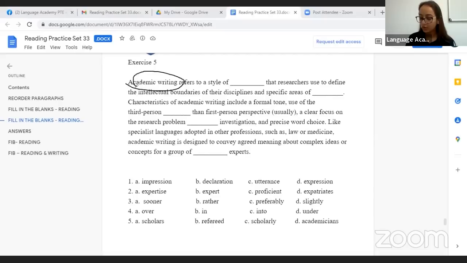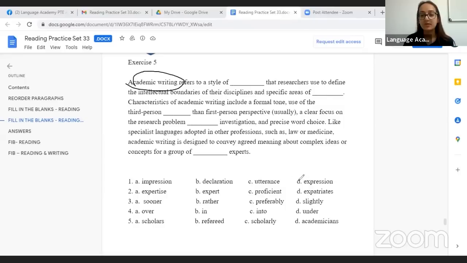When we write something, writing or speaking are ways of expressing what we are thinking. So utterance is not the answer. Utter means to speak. So academic writing refers to a style of conveying the ideas. Conveying would have been fine, or expressing is fine.